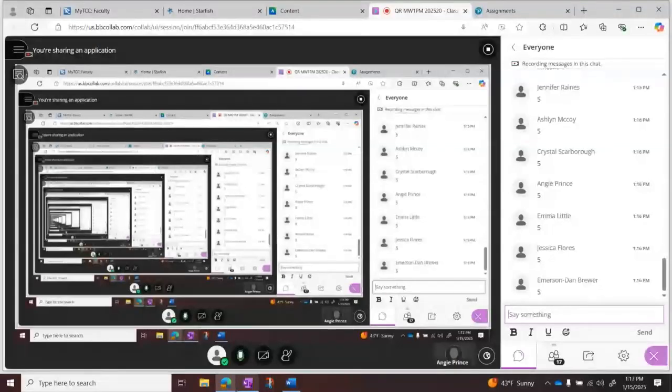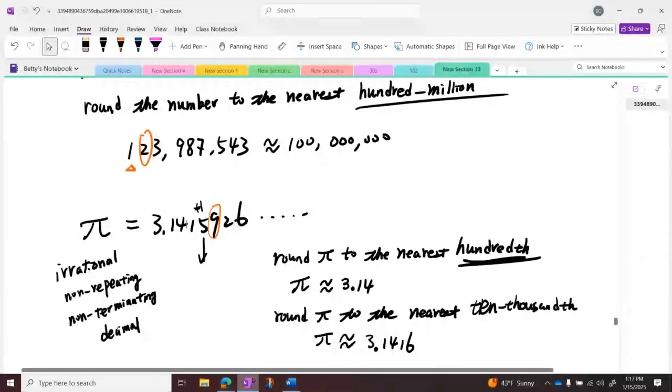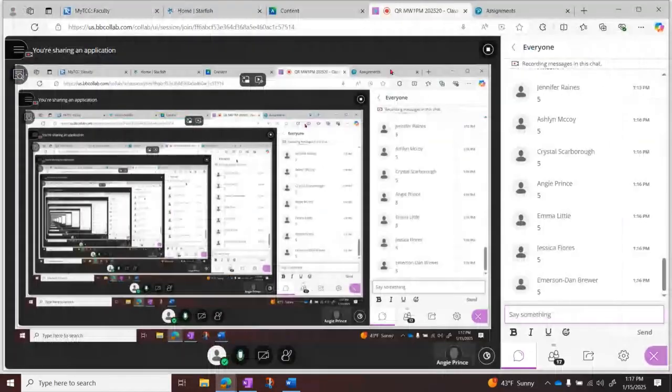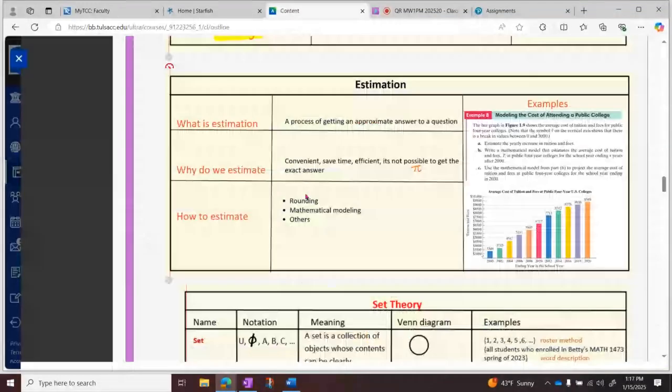Perfect, awesome. All right, so we gave 2 examples while considering the reason we estimate. How to estimate? So 2 things in this section. The first thing is rounding. We already practiced, right? The first question, how to round a whole number. The second question, I use pi as the example, and then we practice rounding a decimal.